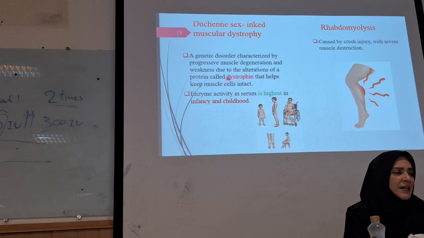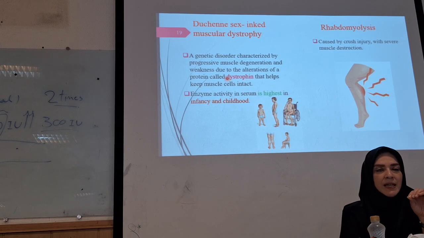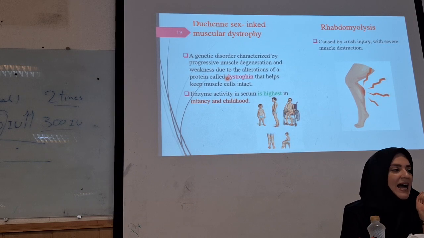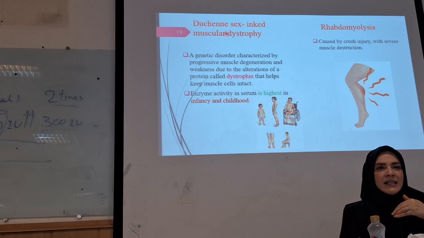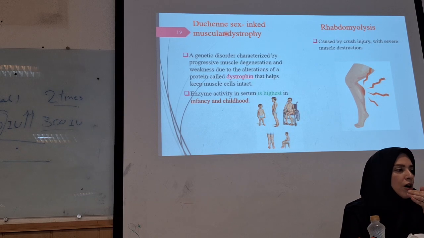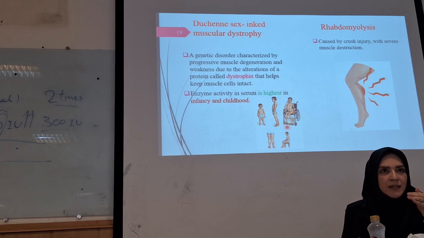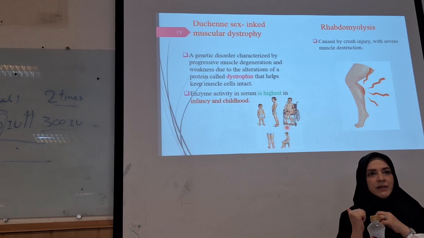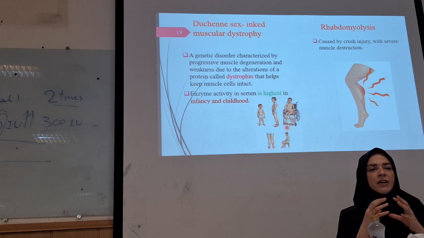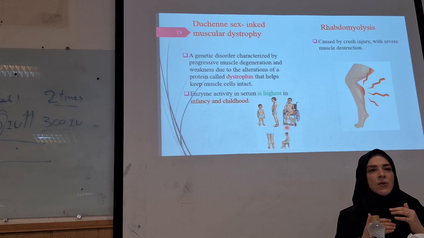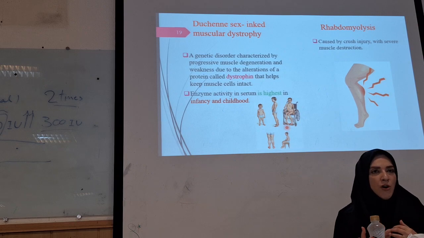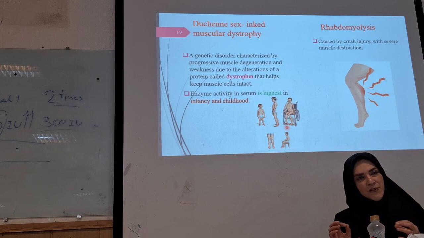Dystrophin is a specific protein that participates in the contraction of the muscles, okay? And this is a genetic disorder, and patients genetically have an abnormal function of dystrophin, okay? And it can result in paralysis, because in this disorder the muscles are affected and they lose their specific function.